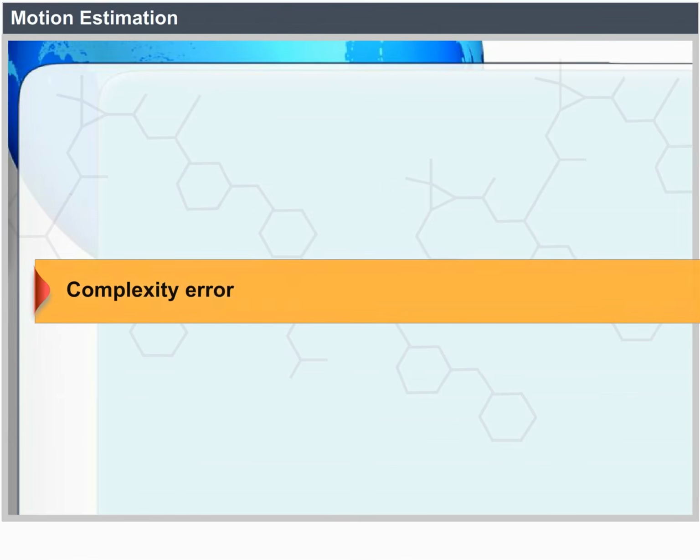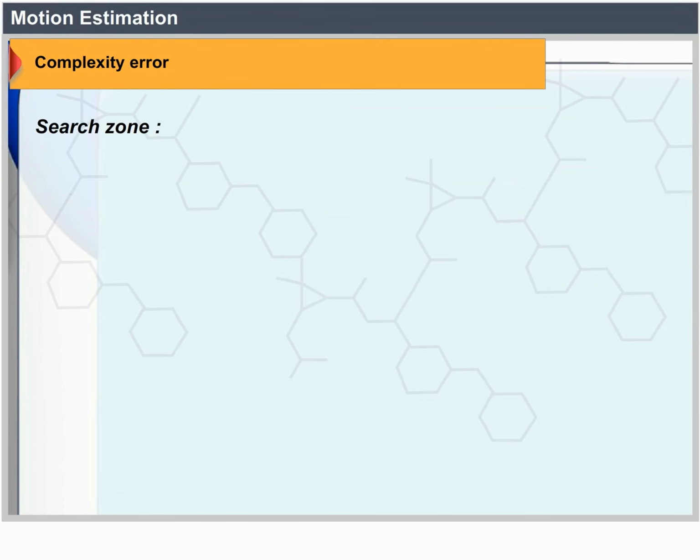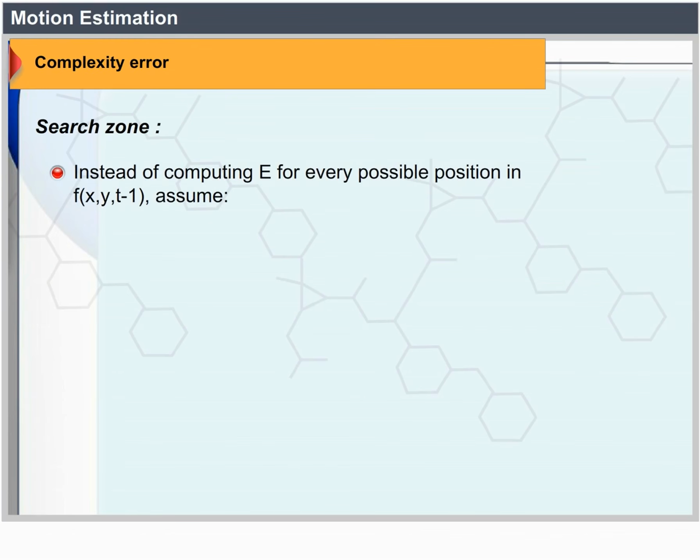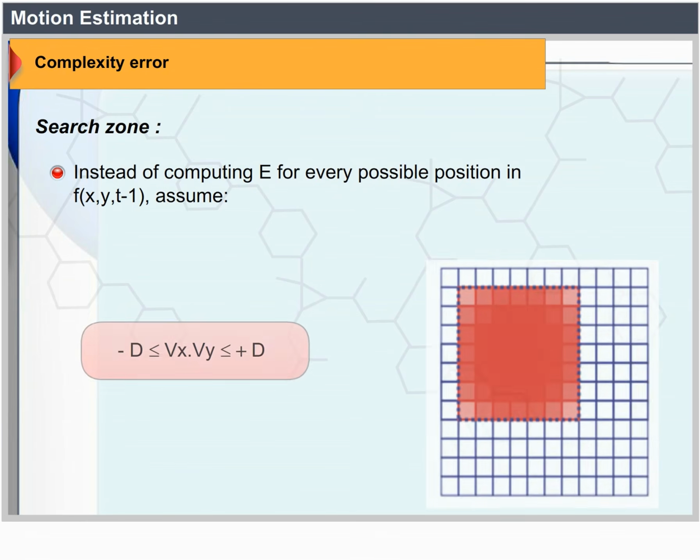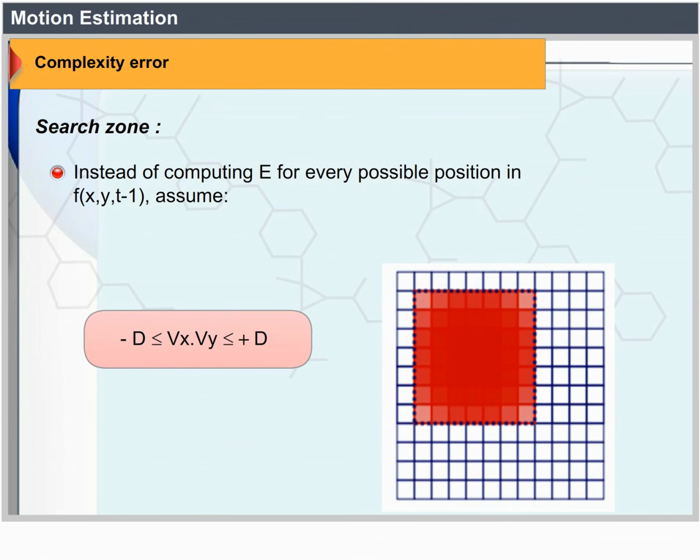Complexity in BSE. Search zone. Instead of computing E for every possible position in f(x, y, t-1), we can assume that -d is less than or equal to vx and vy, which are less than or equal to +d. This way, E is computed only (2d+1)^2 times.